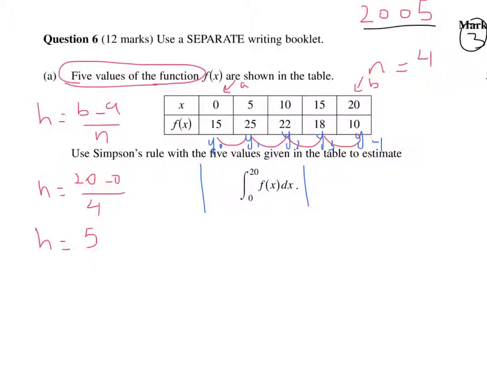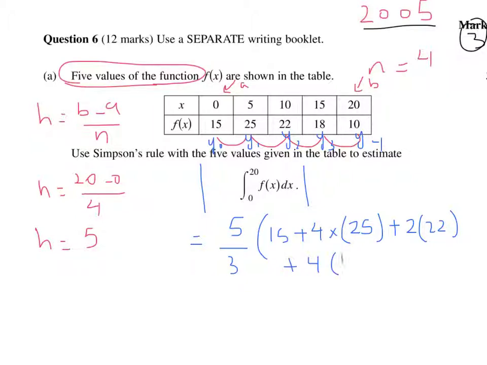Having said that, you will say 5 is your h over 3, because that's the formula, h over 3, bracket, the first ordinate, the first end, it's a 15, okay, directly 4 times the next one, which is 4 times 25, plus 2 times 22, plus 4 times the next one, plus the last one.